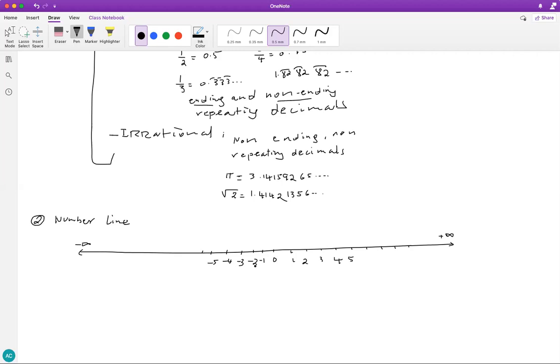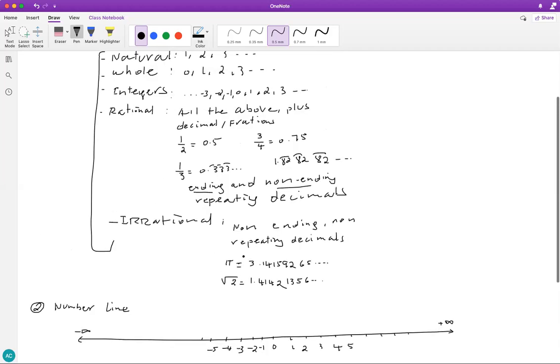Compare -2 and -3: -3 is smaller than -2 because it's located on the left. So as you go to the right, the numbers get higher. For example, -4 compared to -1. Obviously, -1 is on the right side, so it's higher than -4.